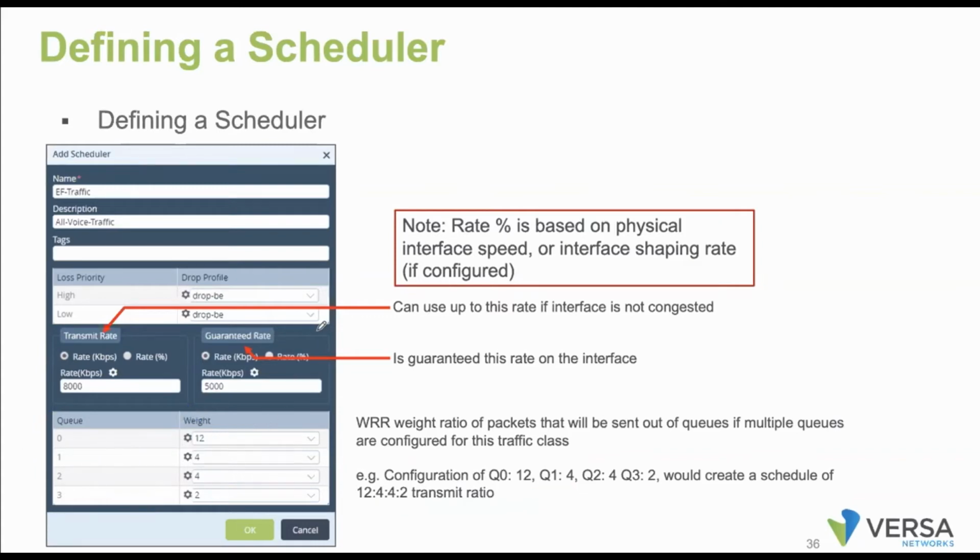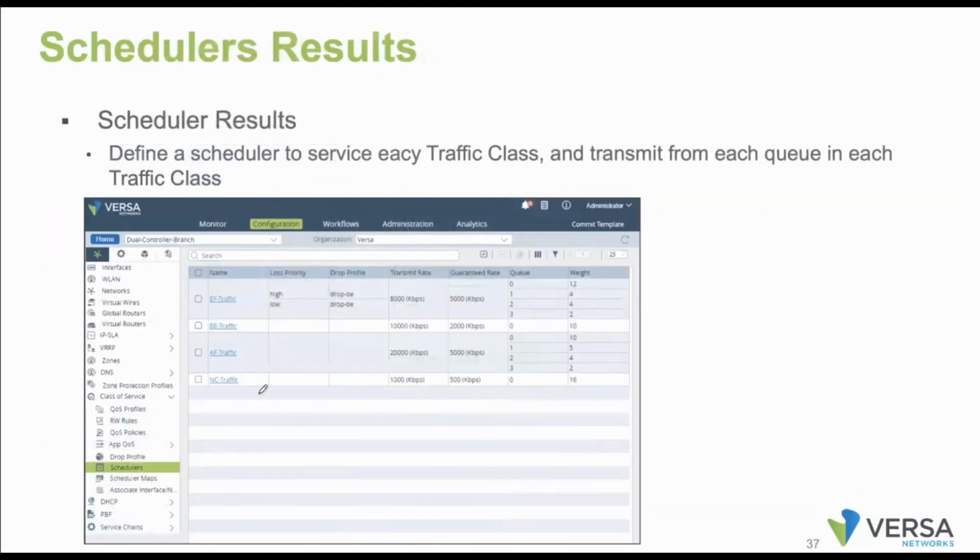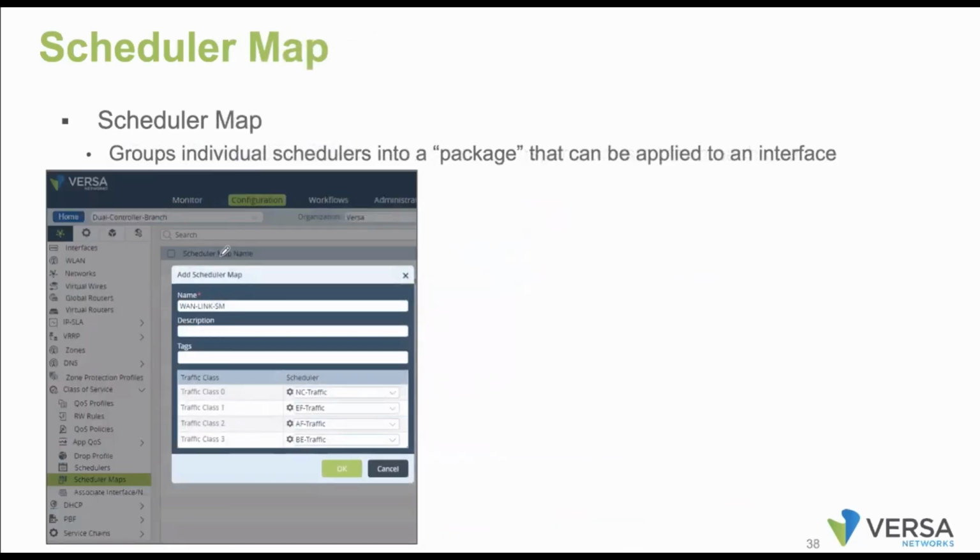So this is most of the configuration. How you are going to treat the traffic will be decided with the help of the scheduler. Once I configure the multiple schedulers, one for EF traffic, one for BE traffic, one for AF, one for NC, the next step is to assign them with the help of the scheduler map. The scheduler map is a bridge between the traffic class and the schedulers.